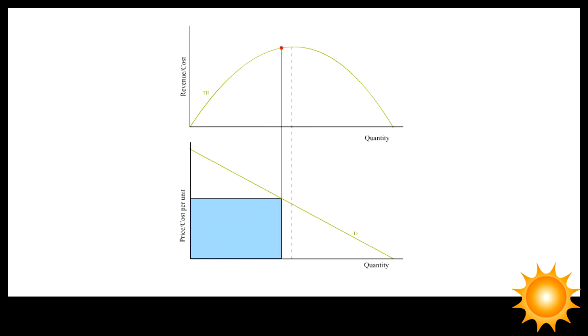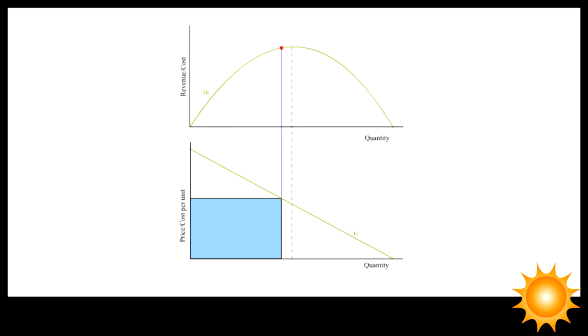Total revenue increases as price decreases because demand is elastic. In other words, the percentage increase in quantity more than offsets the percentage decrease in price.